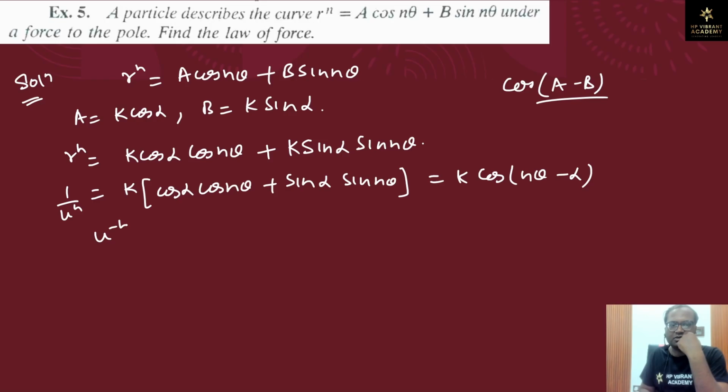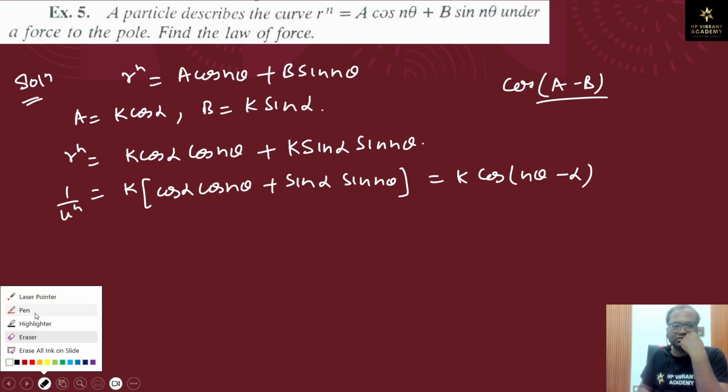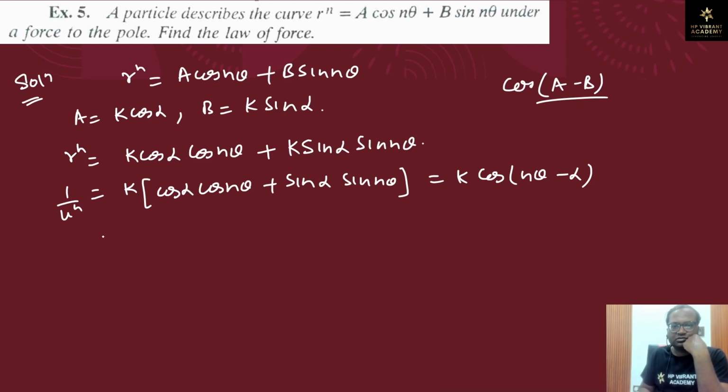So u to the power minus n is equal to k cos of (n theta minus alpha). Okay, so this we can further write as k u to the power n is equal to sec of (n theta minus alpha).